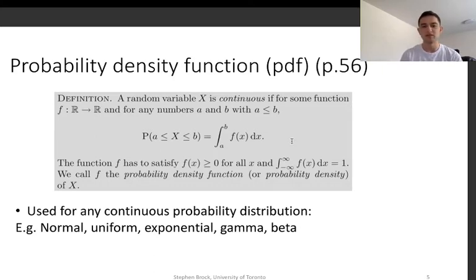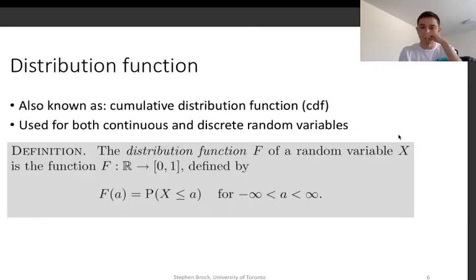We use it as a tool because we need to integrate over the probability density function, and that's how we get our probability. When it comes to continuous random variables, you can't get a probability for a particular value. You can only get a probability for a range of values. That is the key takeaway from the probability density function.